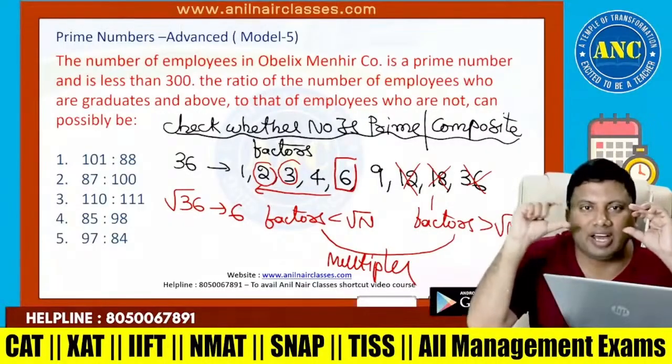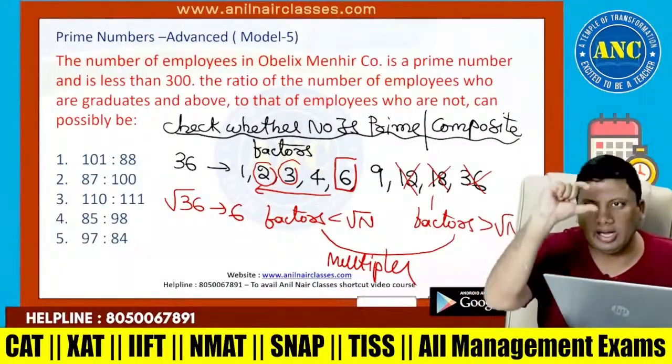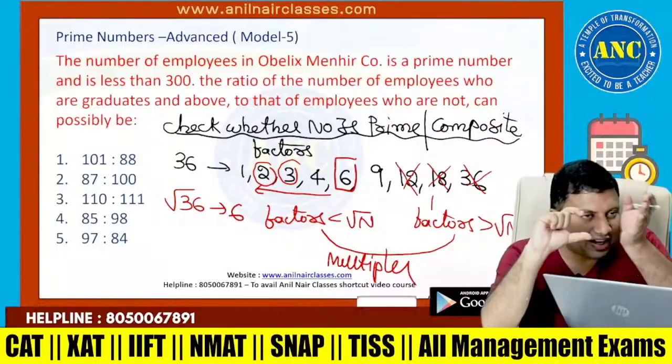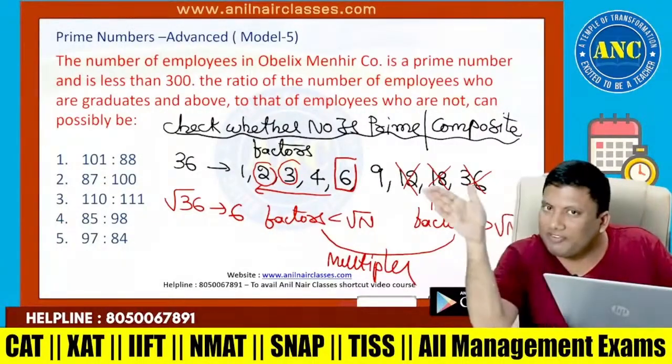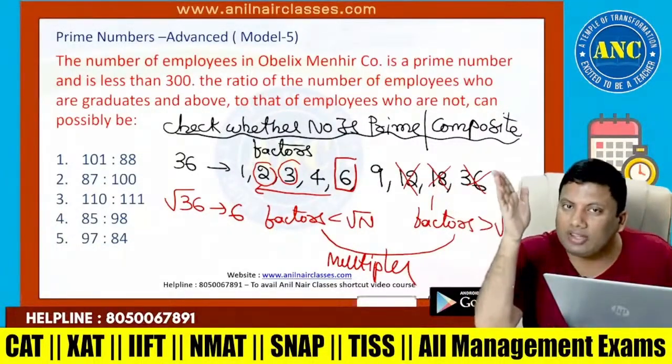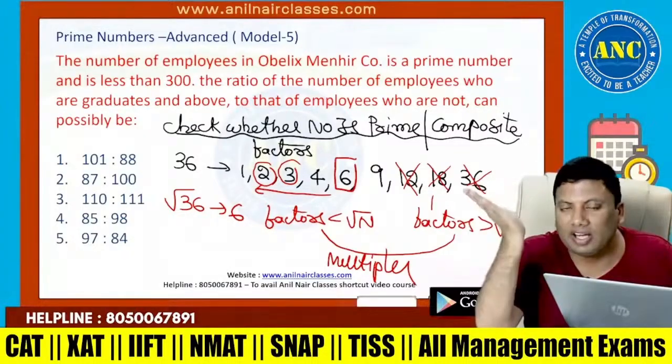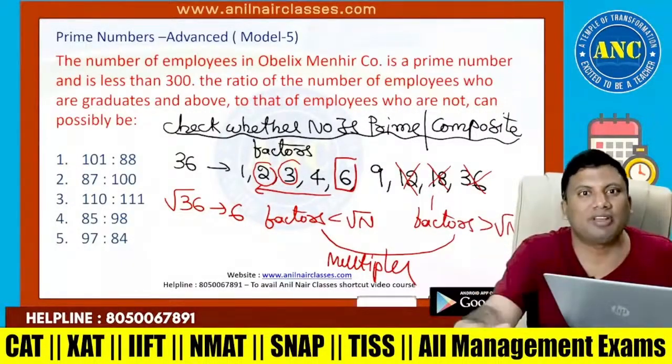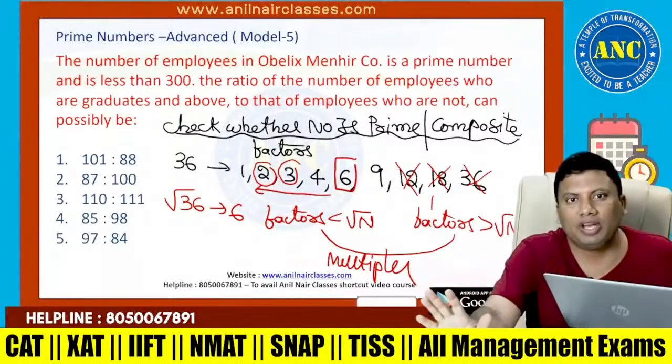That means if n is a natural number, write down root n. All the factors greater than root n are nothing but the multiples of the factors less than root n. I hope the idea is clear.